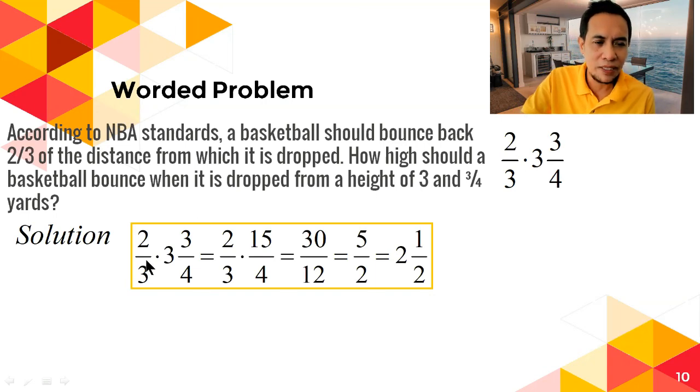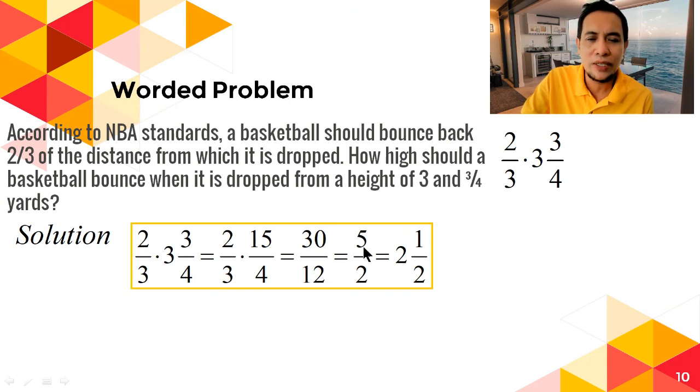So this is the process. We have a mixed number, so you convert this to improper: 4 times 3, 12 plus 3, 15 over 4. Then you apply the multiplication process. When you multiply 2 and 15, that's 30. 3 and 4, that's 12. But this is still reducible by 6. We divide 30 by 6, that's 5. 12 by 6, that's 2.